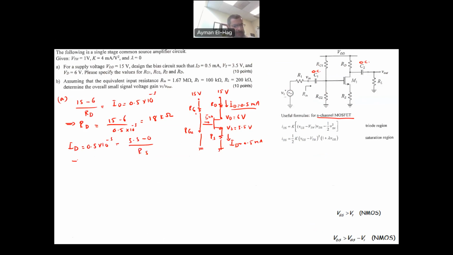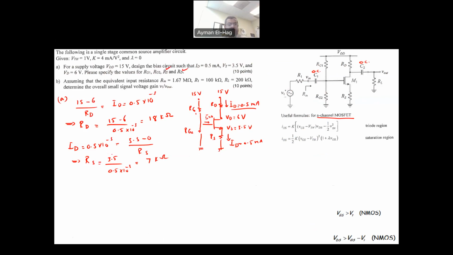From this, you can find RS equal to 3.5 divided by 0.5 times 10 to the minus 3, and this is equal to 7 kilo ohm. So we found RS, we found RD.